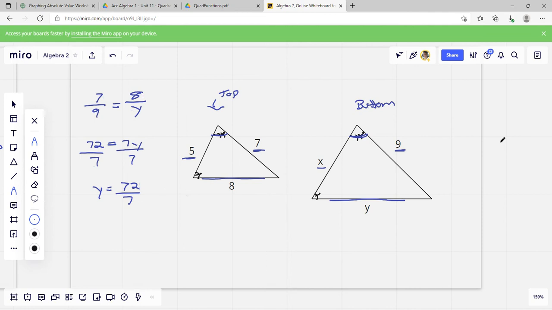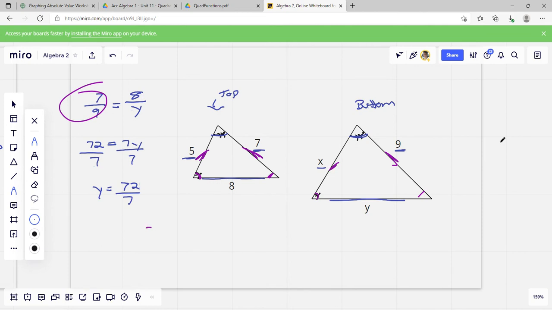Yep. And then the other one would be, see what else is proportional. This angle is equal to this angle, so our opposite side, that means 7, would be proportional to 9, right? So here's our base, 7 to 9. And then this one is to 5 as this one is to x.